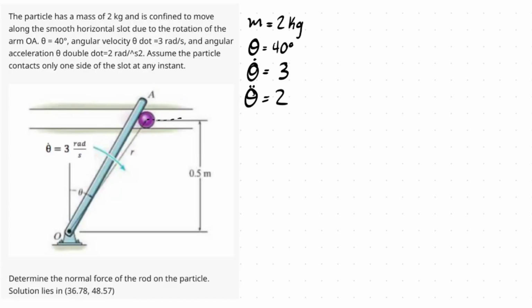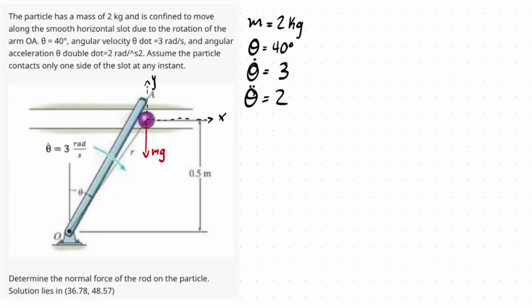So let's label it. We have an x this way, we have a y here. And what we can do is start summing forces in the x and the y component. So let's label our forces. Contact at a distance forces first, so we have gravity, mg.